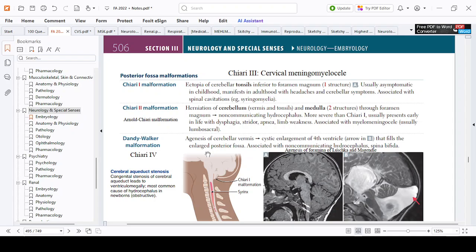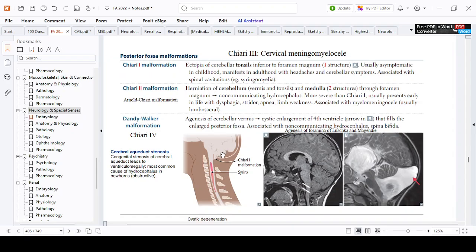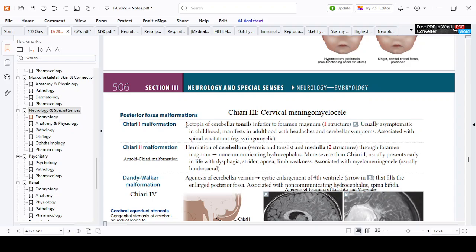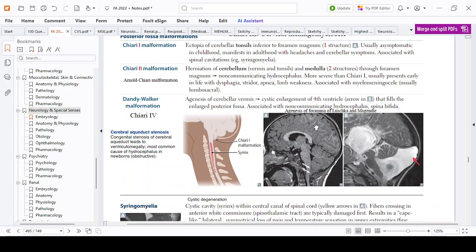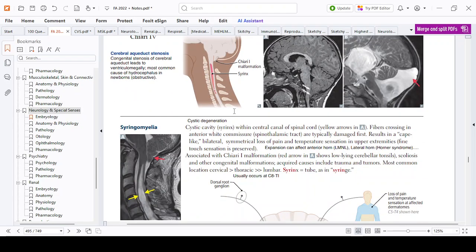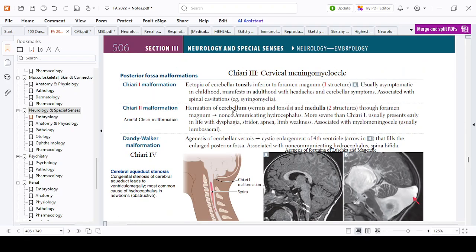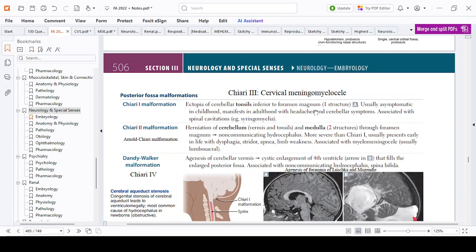In Chiari 1, there will be a problem within the cerebellar tonsils. Let's discuss it. Ectopia of the cerebellar tonsils inferior to the foramen magnum, structure number 1. If there is tonsillar herniation through the foramen magnum, it will usually be asymptomatic in childhood.